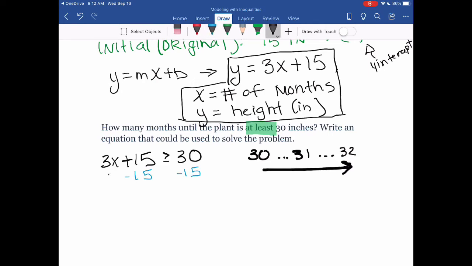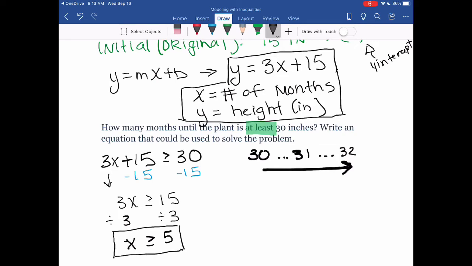I'm going to bring down what's left. I'm dividing both sides by 3, and I see x greater than or equal to 5. So this means in 5 or more months, the plant will reach a height greater than 30 inches.